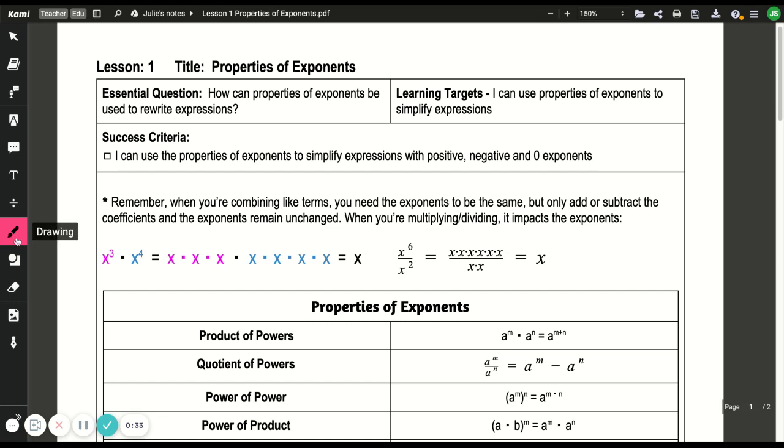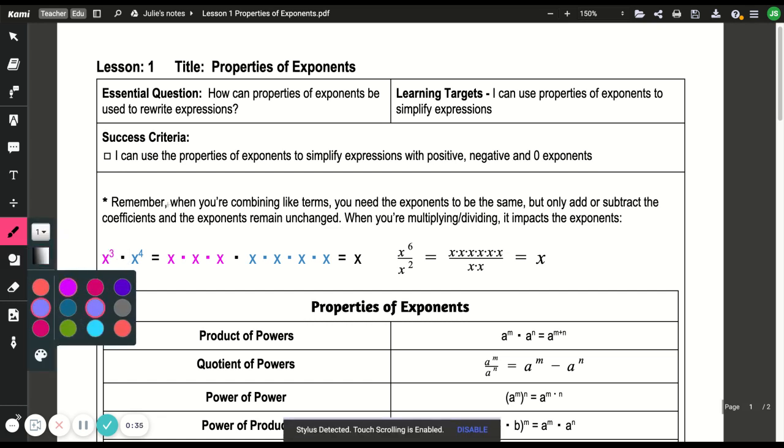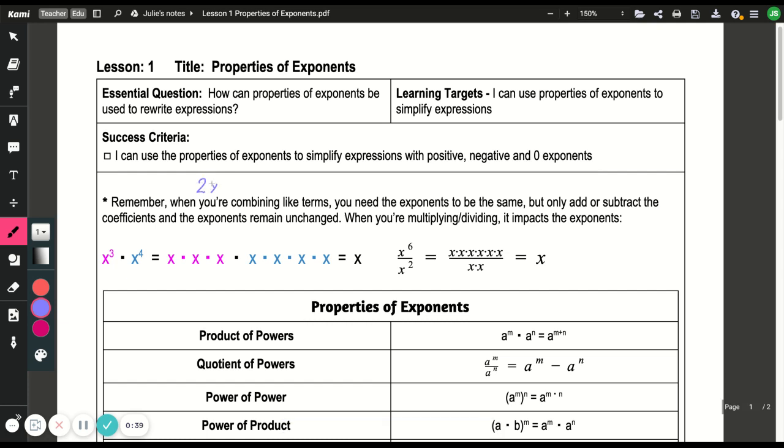Remember, if you're combining like terms, so if you were trying to add like terms and you had, say, 2x cubed minus 4x squared minus x plus 3x cubed. That was supposed to be cubed. In order to add or subtract, we need like terms.